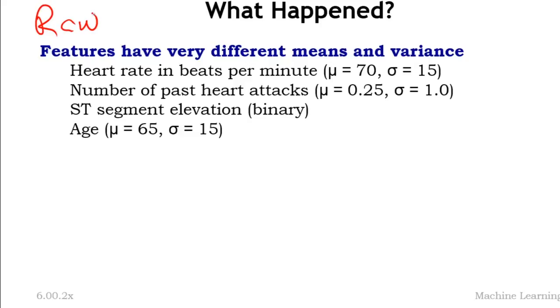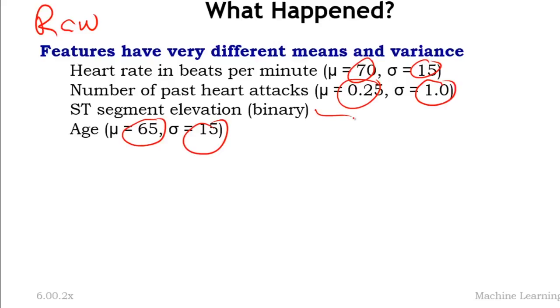Let's look at the features we have and observe that they have very different means and variances. So heart rate has a mean of 70 and a variance of 15. And in contrast, the number of previous heart attacks has a mean of 1/4 and a standard deviation of only 1. Age, once again, fairly high mean, a fairly high standard deviation.